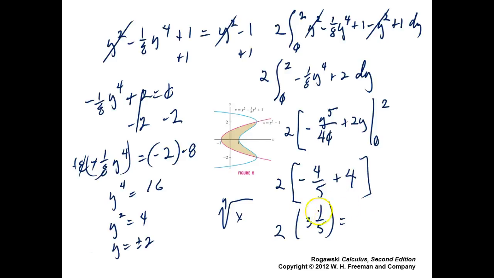Okay, I get that to be 6 2/5, which is 32/5. Let's see what they got. 32/5, good for them.